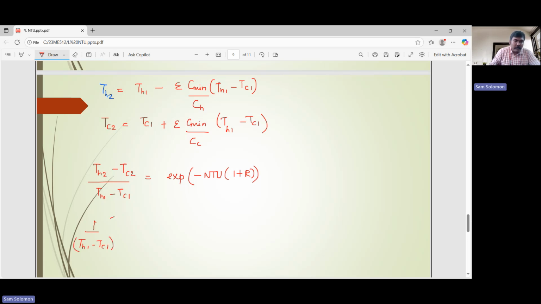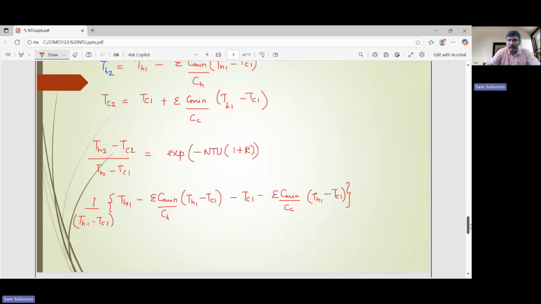In the numerator, for TH2 I substitute TH1 minus epsilon times C minimum by CH into TH1 minus TC1. Then for TC2, we have a minus before, so it is minus TC1 minus epsilon times C minimum by CC times TH1 minus TC1. That completes the left-hand side, and on the right-hand side there is no change.